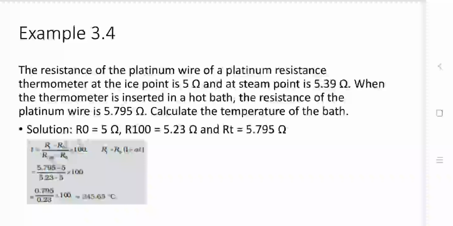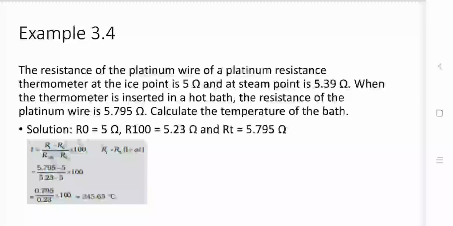For that temperature, the alpha is not given. So in that respect, we can take the percentage-wise value: RT minus R0 upon R100 minus R0, into 100.